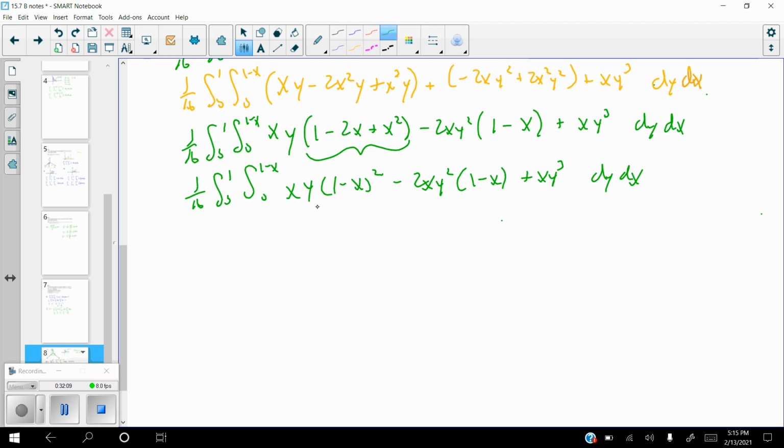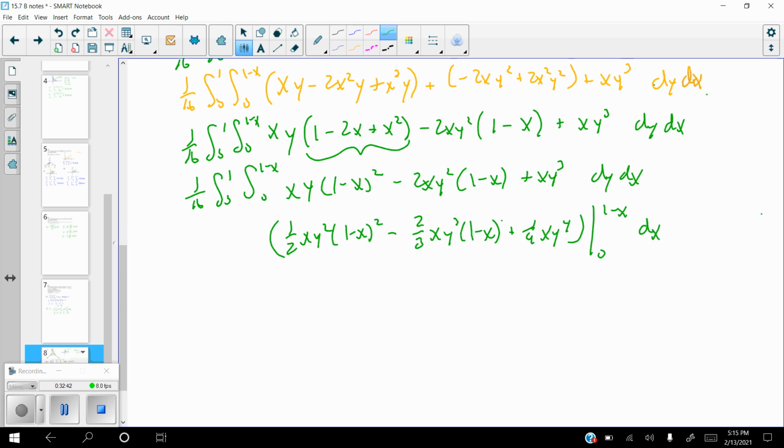If I take the antiderivative of the first piece, I'm going to get a 1/2 xy squared times 1 minus x quantity squared minus, that's going to be y cubed, so it'll be 2/3 xy cubed times 1 minus x, plus 1/4 xy to the 4th, dy, oops, no dy anymore, dx, and I'm going to evaluate that from 0 to 1 minus x.